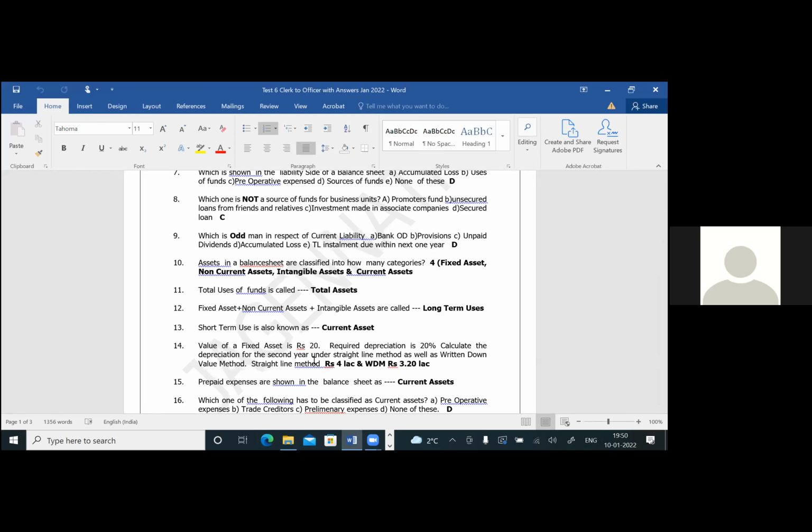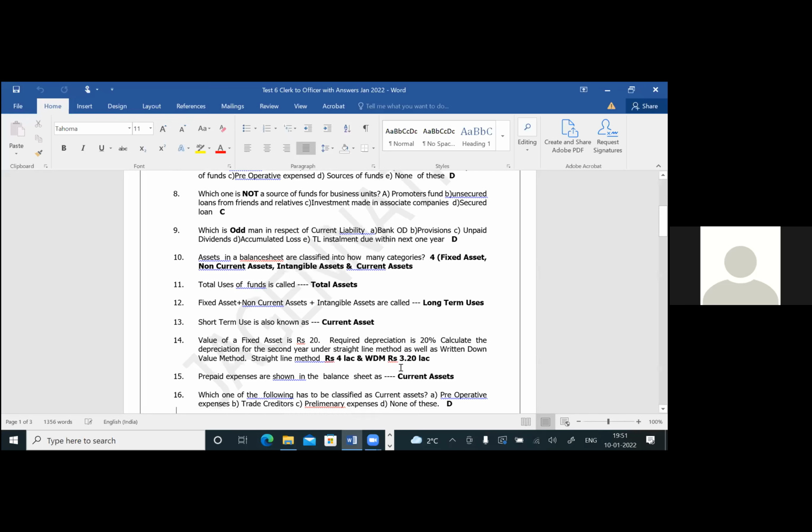Second year on the straight line method also it is 4. But second year on the written down value, what is it, sir? 20 minus 4, first year 16. On that 16, you have to calculate 20%, which is 3.20 lakhs. So answer for question number 14 is 4 lakhs and then 3.20 lakhs. How it is arrived? I showed you the PowerPoint. I will upload the PowerPoint also.